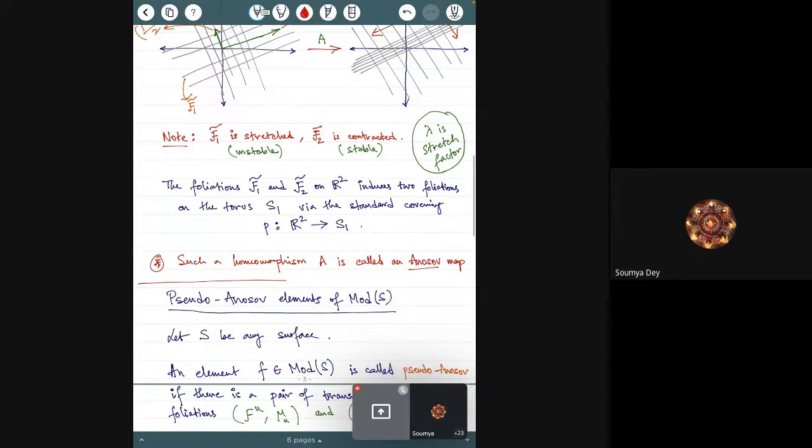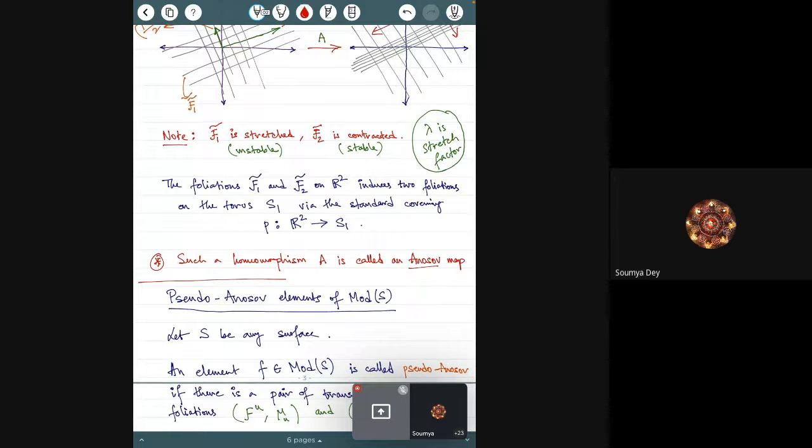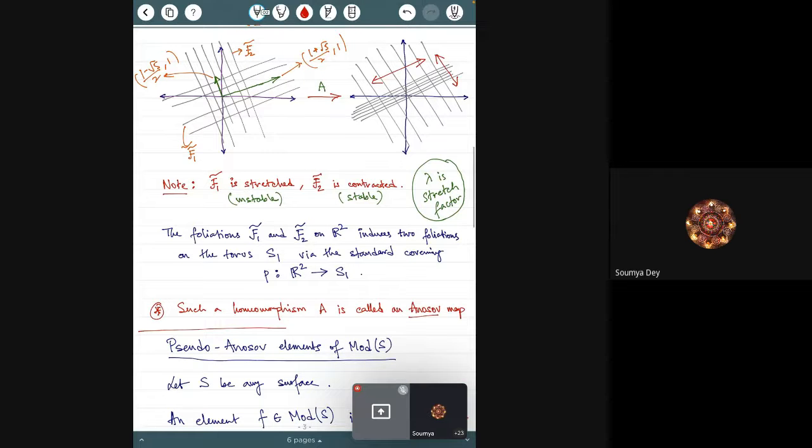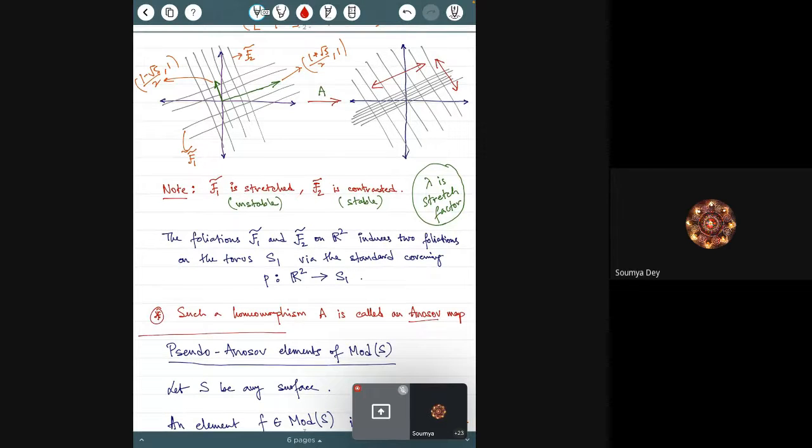So in this example we're seeing that such a matrix or such a map on our R2 will give us two such transverse foliations, right? These two foliations are at a right angle. If you consider any leaf of the first foliation, it makes a 90-degree angle with any leaf from the second foliation, right?